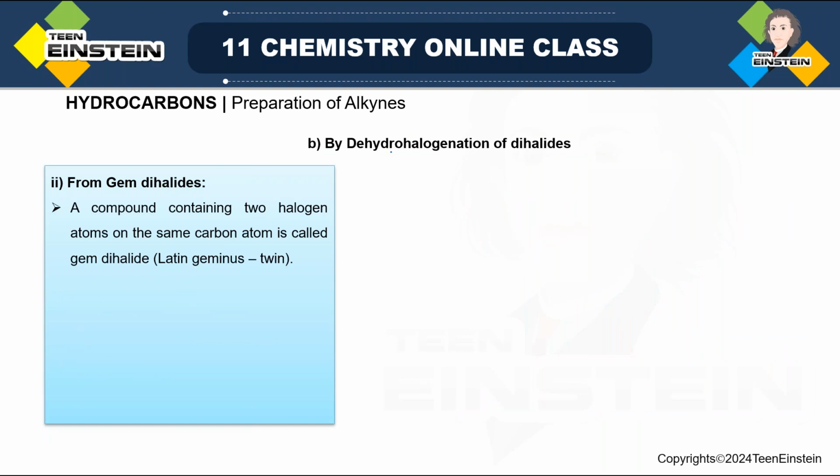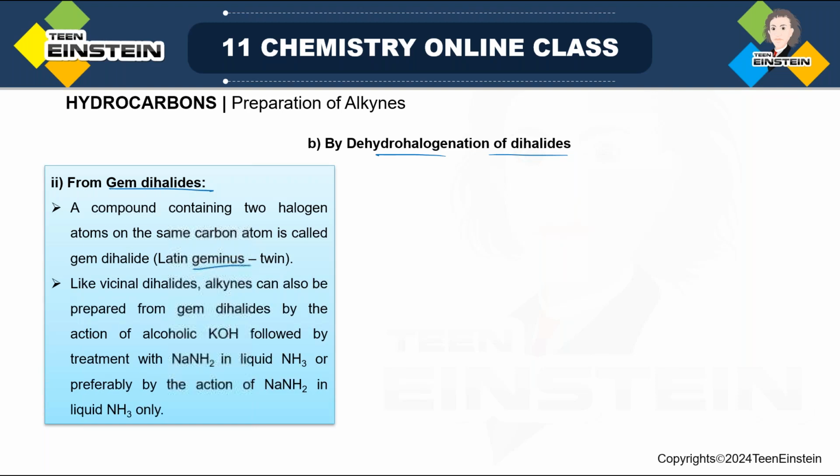Next one is again dehydrohalogenation of dihalides, but now it is a different type of dihalide. It is a gem dihalide. What is the difference from the previous one? In the previous one, the two halogen atoms were at 1 and 2 positions, but now they are present on the same carbon. That is why they are called gem dihalides. The word is generated from the Latin word geminus, which means twin. So the two halogen atoms are on the same carbon atom, and that is called a gem dihalide.